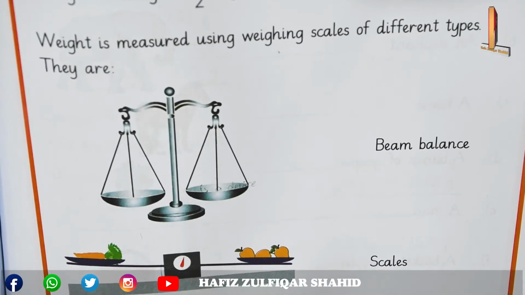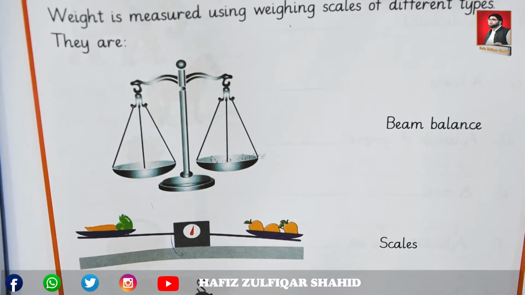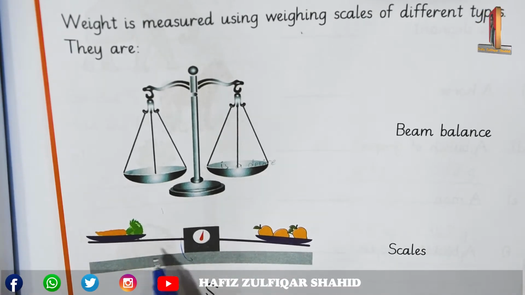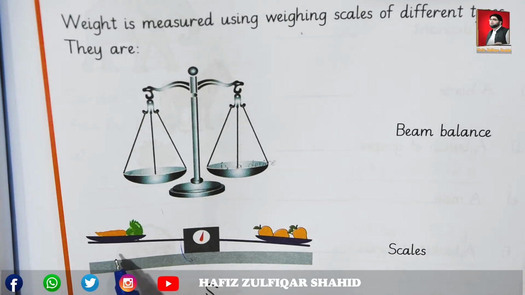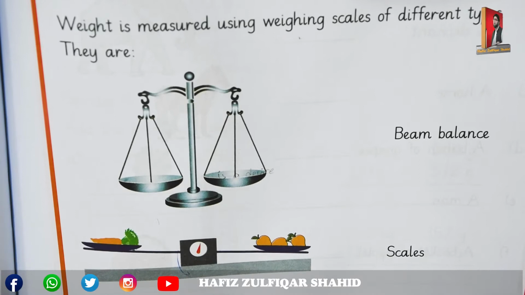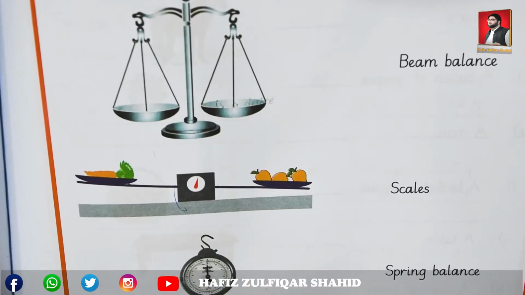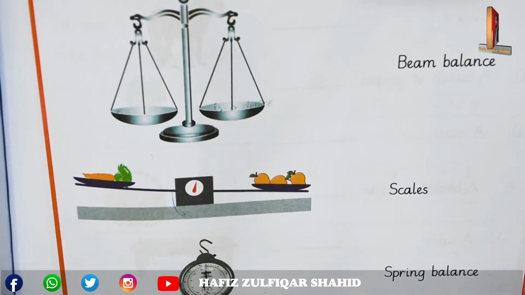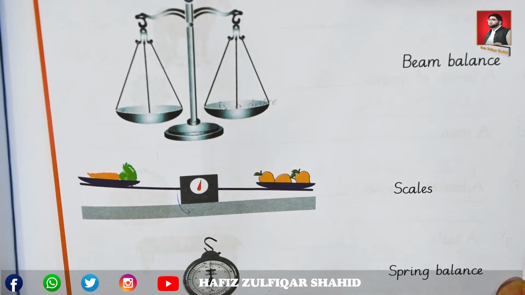The next one is scales. This device is also used to show the balance of 2 items or 2 things. The third one is the spring balance. A spring balance measures the weight of an object by opposing the force of gravity acting with the force of an extending spring.